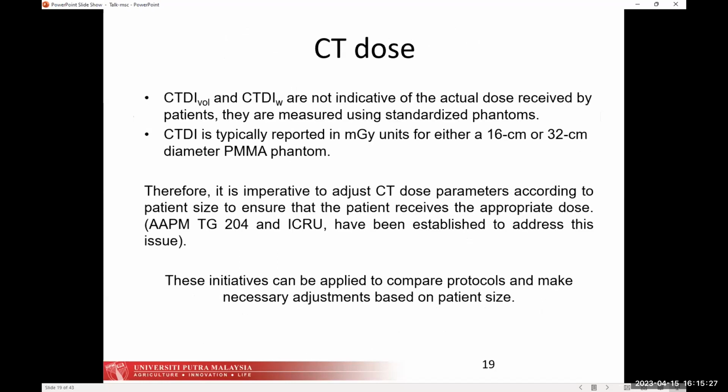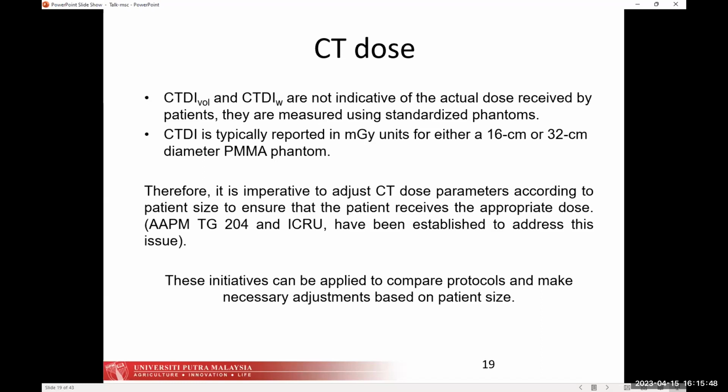Okay, again, it is important for us to emphasize this, where the CTDI vol and weighted CTDI are not patient dose. They do not represent any patient dose, because they are measured using standardized phantoms of 16 centimeter and 32 centimeter diameter PMMA phantom.